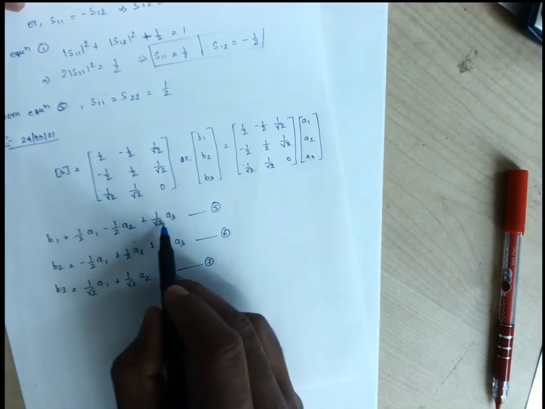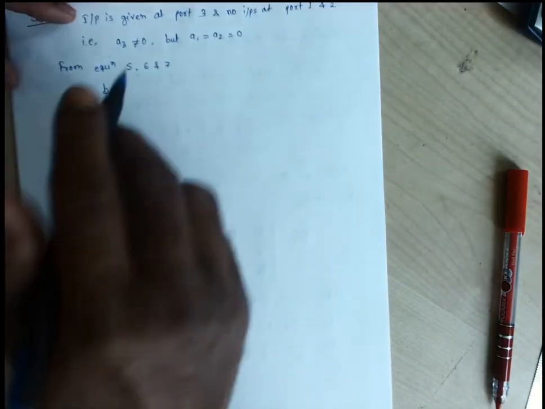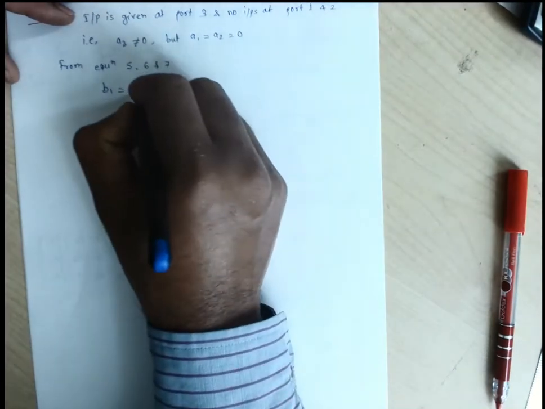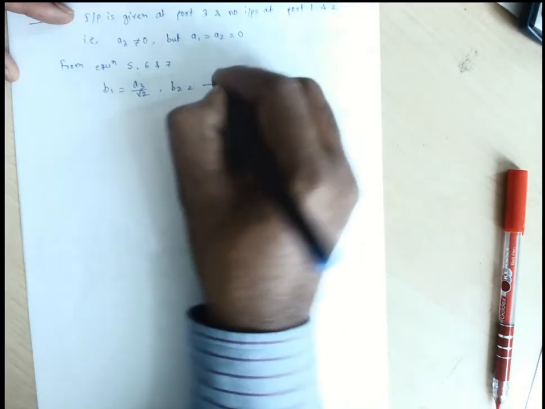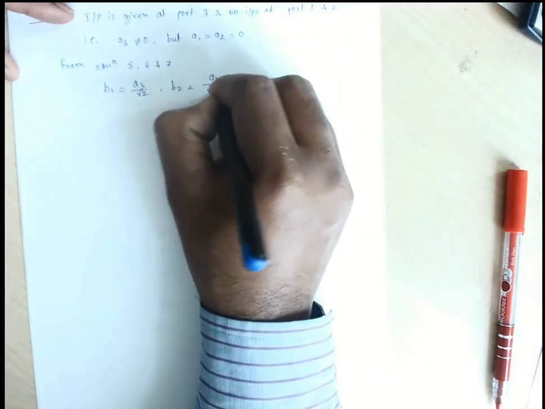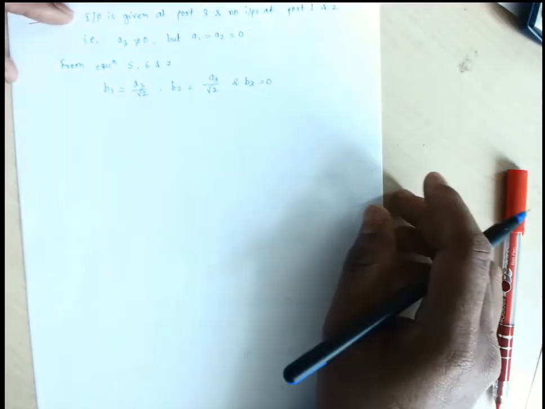B1 is 1 by root 2 A3. B2 is 1 by root 2 A3. So B1 is A3 by root 2, B2 is the same A3 by root 2, and B3 is 0.